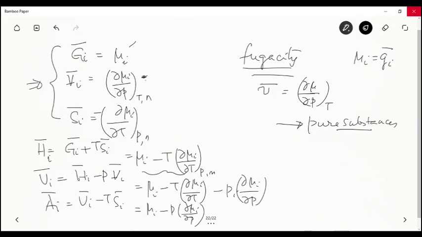We'll define fugacity for a pure substance and then come back to understand fugacity for a multi-component system.